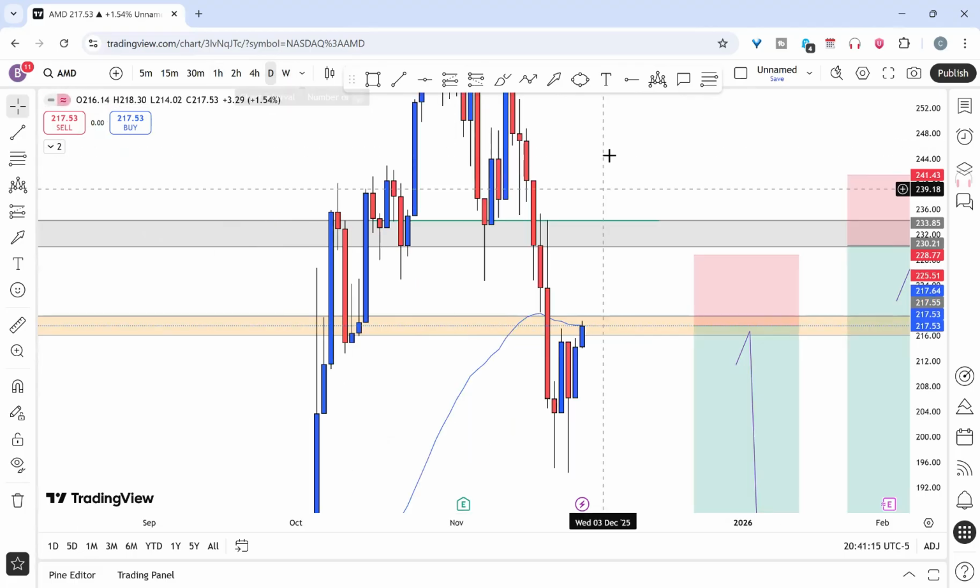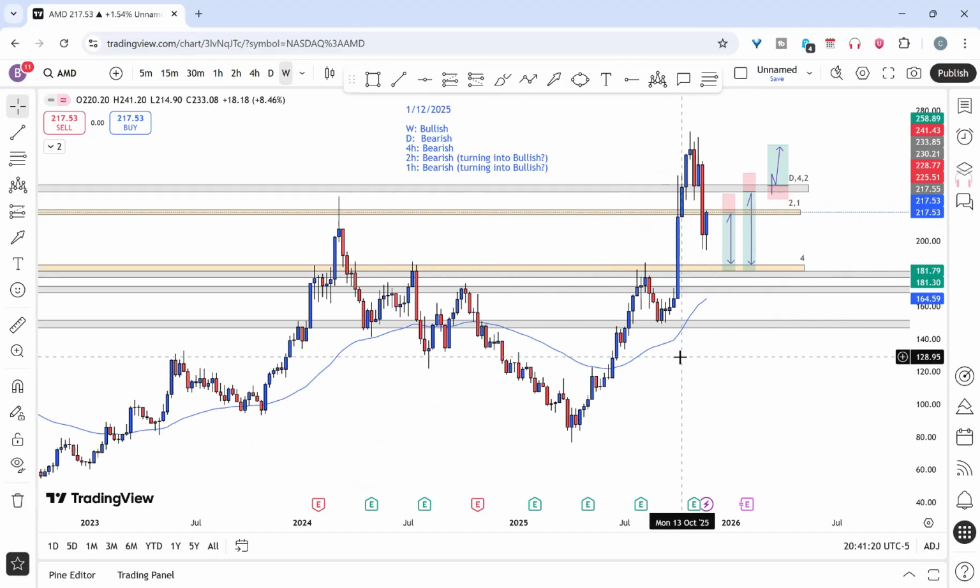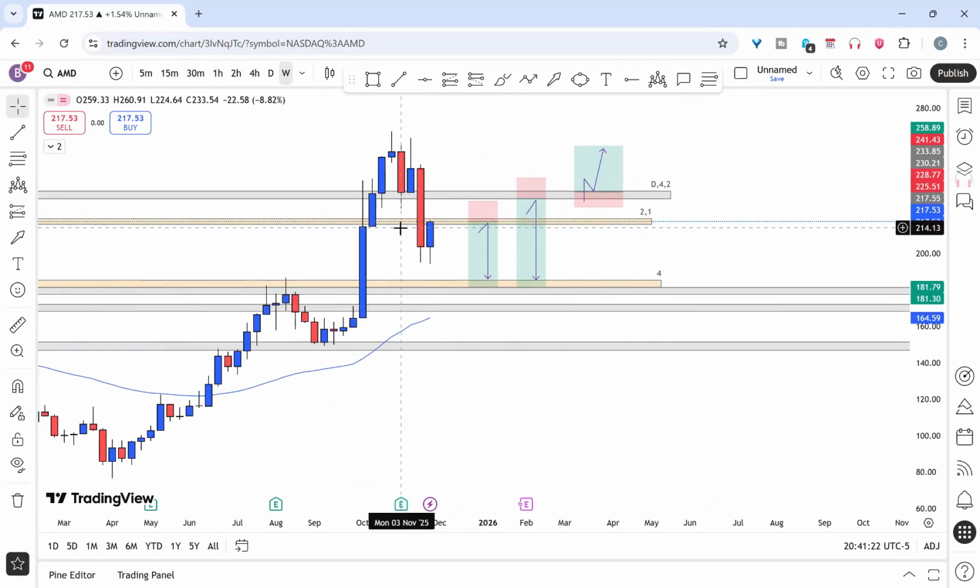As you guys can see, the market structure is bearish. And this is why there's a higher chance that it goes down. But we have no idea whether we get some good news, whether the traders would like to push the AMD stock higher.